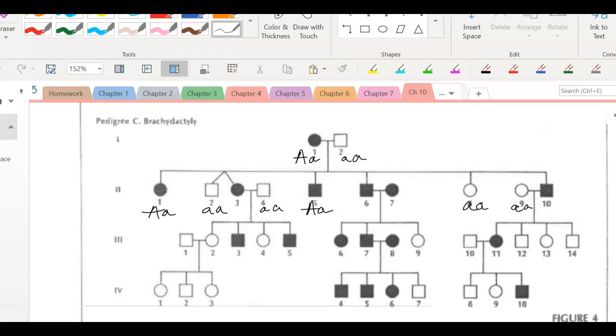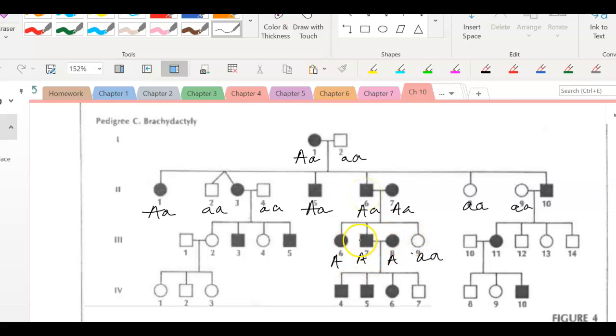How do I know this is a dominant disease? I know this is a dominant disease because these two parents have it. If it were recessive, all their children would have to have it. And so I know they're heterozygotes because they made a kid that doesn't have the disease. And I know this is a dominant disease because you cannot have a child that's normal from two affected people if it is a recessive disease.